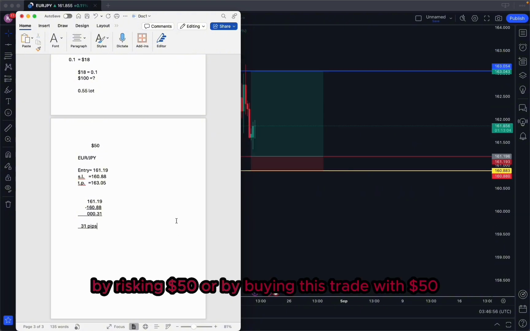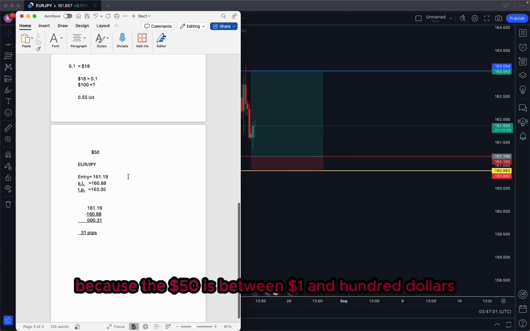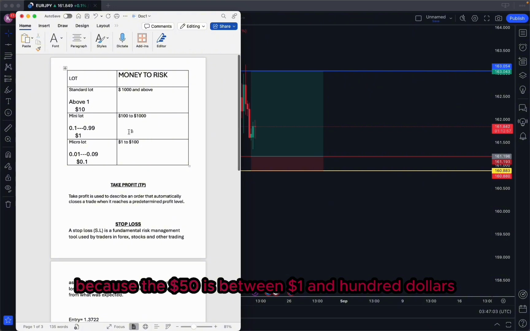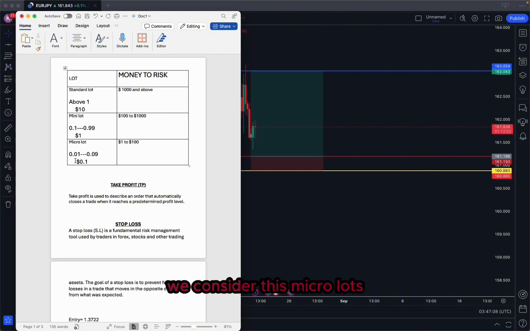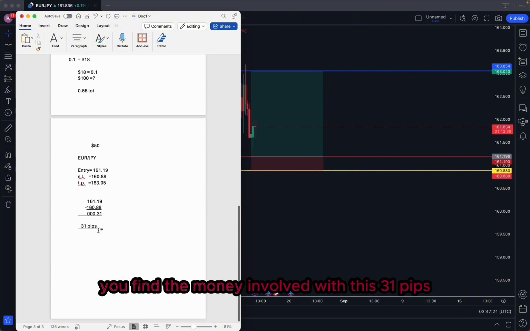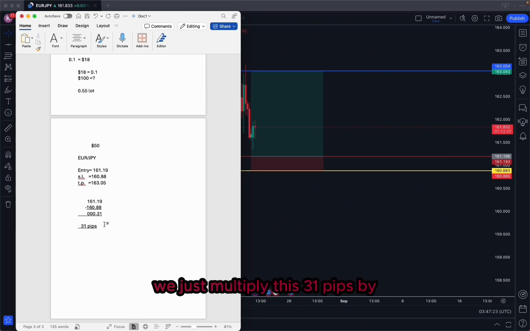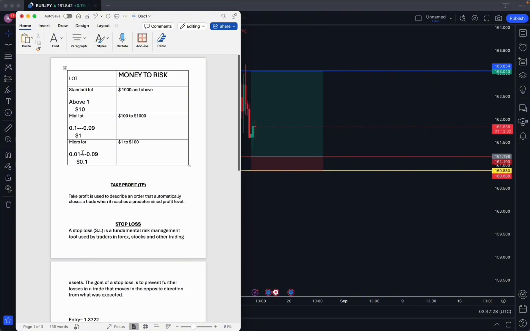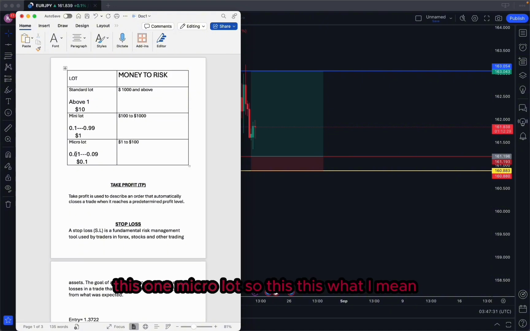By risking $50, because the $50 is between $1 and $100, we consider the micro lot, and we know that with a micro lot every pip movement is $0.1. So for us to find the money involved with this 31 pips, we just multiply this 31 pips by this one micro lot.